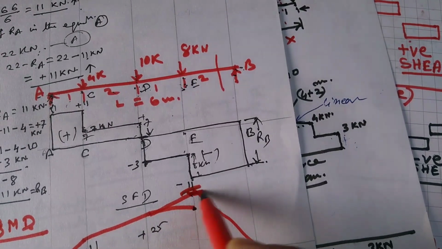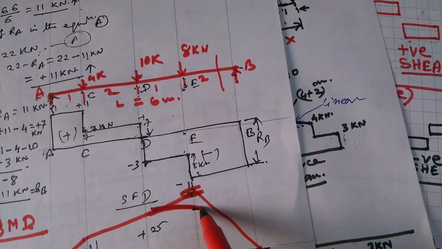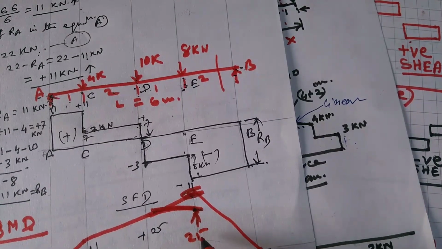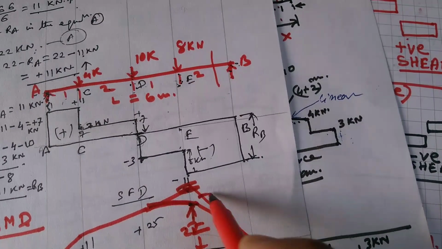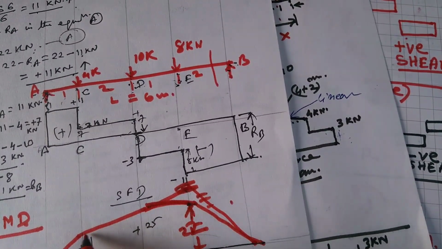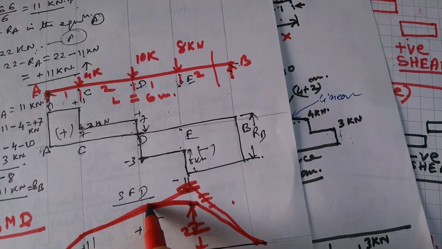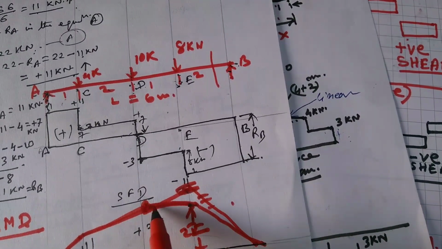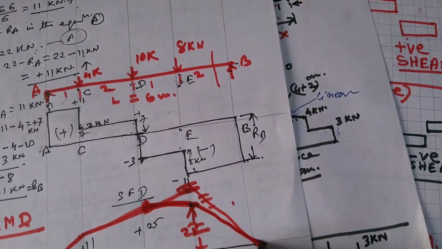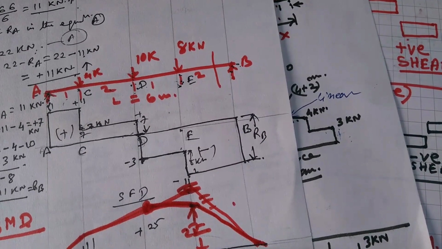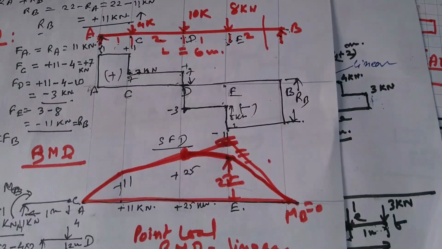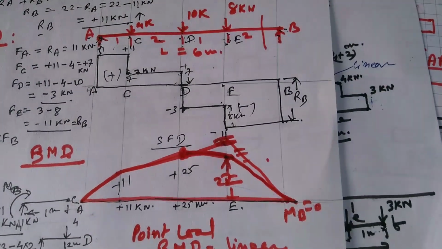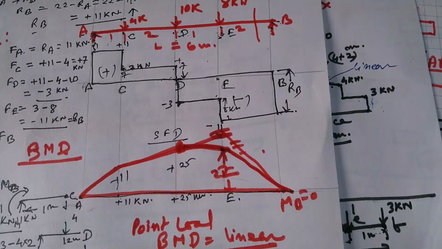Just put like this: 25, 22, and this will be 0. So like this. This is 11, this is 25, the highest bending moment, this is 22, and this is 0, MB equal to 0. This is your final graph, and just put here bending moment diagram.